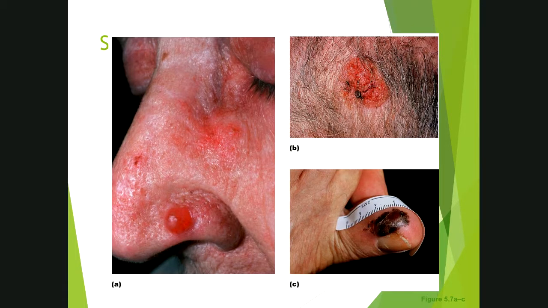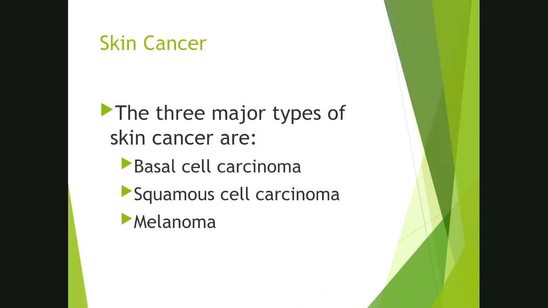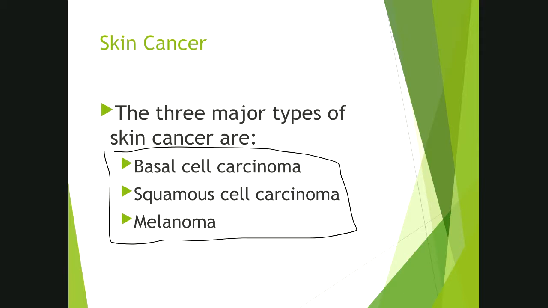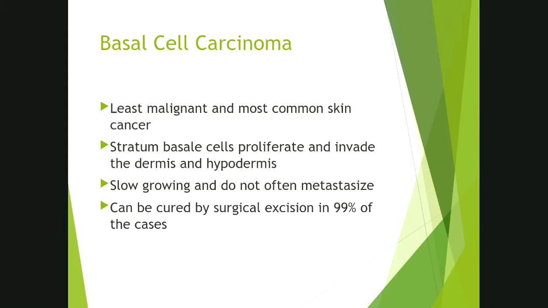There's basal cells, there's squamous cells, and there's melanomas. I don't want to spend much time with it because we looked at it in the other one. But remember, basal cells are the least dangerous, and melanomas are the most dangerous. You need to be able to tell them apart. You need to know where they come from, whether or not they metastasize, and how you go about treating them.